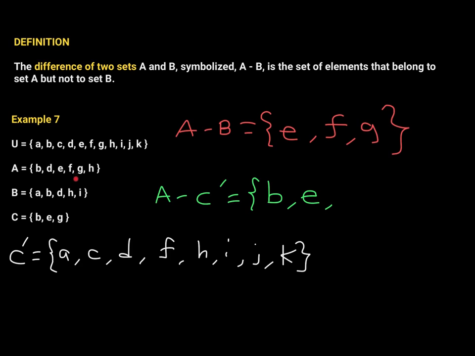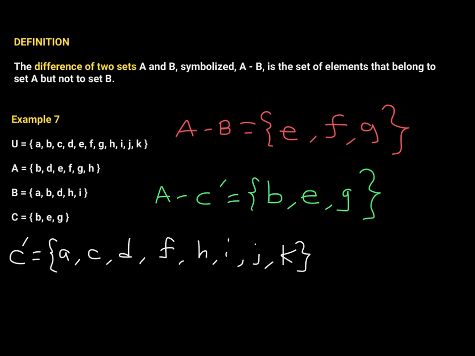G is in A, but G is not in the complement of C. Anything else? H, no, H doesn't make it. Oh, okay, so I'm done at this point then. Let me erase that comma and replace it with a brace to close the set. So then this is my answer for the difference between sets A and the complement of C.